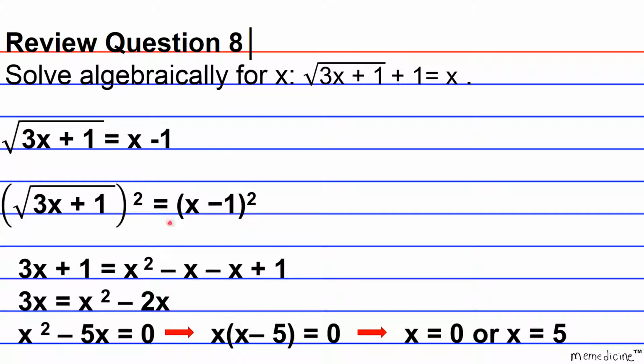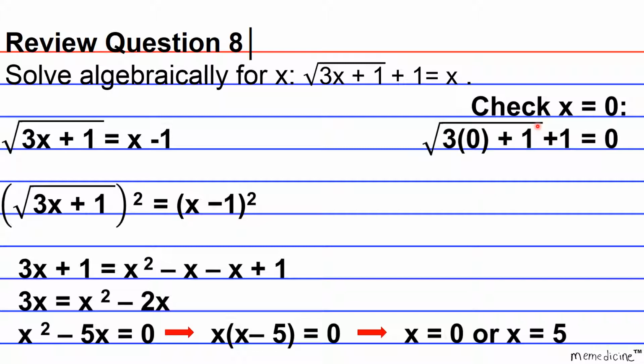Because we're squaring this term here, there's like a hiccup somewhere in the magic of math that does possibly give rise to extraneous roots. So what you always want to do is check your roots or the solutions. So we're going to check our first solution or our first root, x is equivalent to 0.